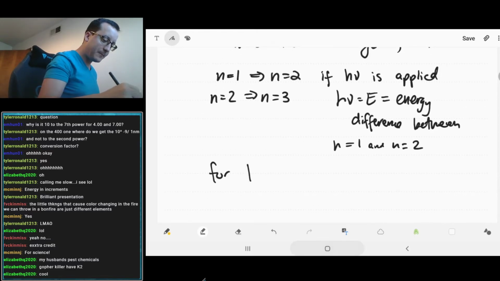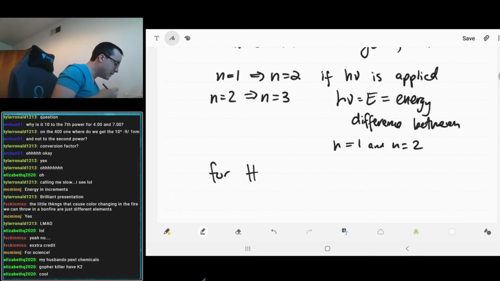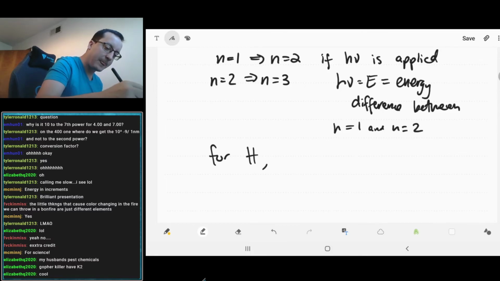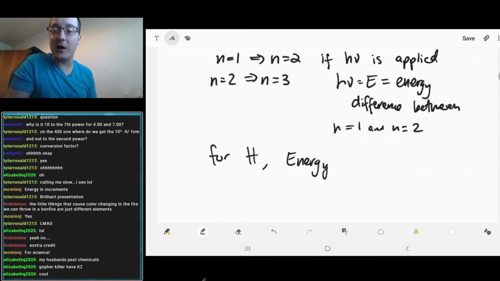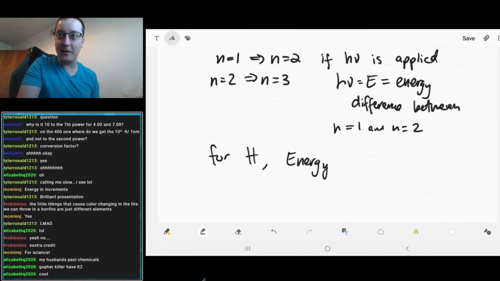For hydrogen, they have figured out these energy levels. These energy levels are super complicated, by the way. They're done with all sorts of crazy integrals and physics. I am not into really high-level math like that.